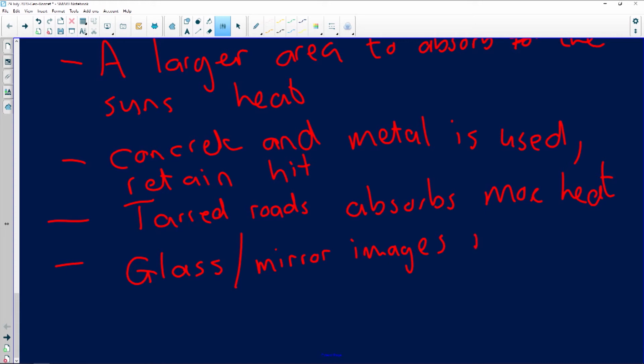Reflects heat. We can also say heat is being trapped between the buildings.